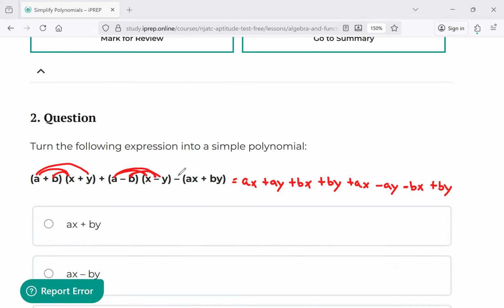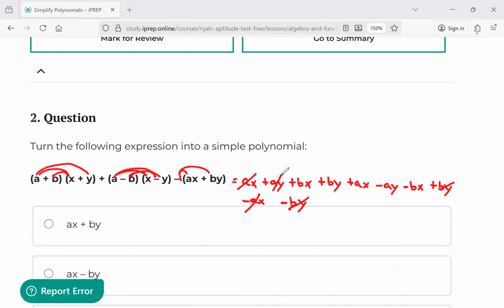And then over here, you have this little minus one. So that would be negative ax, and then this would be negative by. Okay, now it's all about canceling as much as you can. So I see an ax and a negative ax cancel, and then I see a positive by and a negative by. And what else?